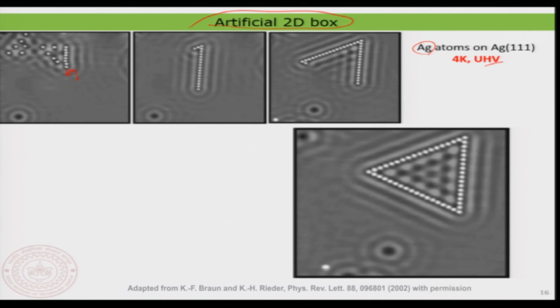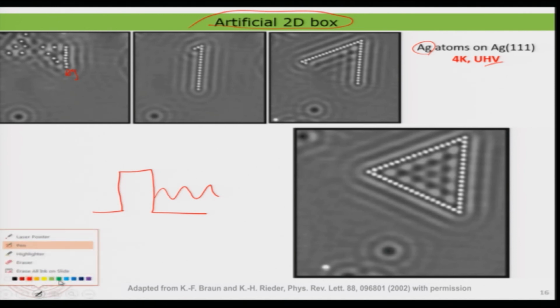So the moment you create an atomic row, you are creating a kind of barrier for the electrons that are present on the surface. That means if there is an electron that oscillates like this, the moment it comes and sees a barrier, a chain of atoms, it would reflect, and then create a modulating wave that dies out.